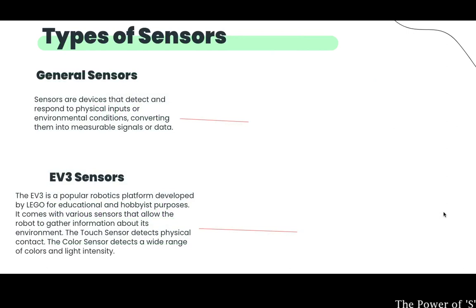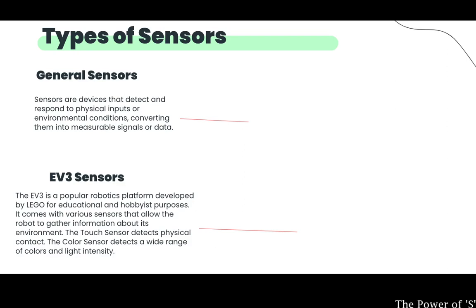Types of sensors. There are general sensors and there are EV3 sensors. EV3 is basically a popular robotics platform developed by Lego for educational and hobbyist purposes. It comes with various sensors that allow the robot to gather information about its environment. The touch sensor detects physical contact. The color sensor detects a wide range of colors and light intensities.